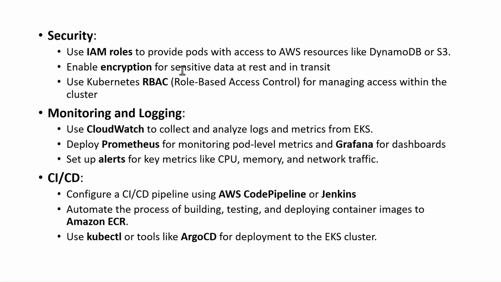And since we'll be using the CLI to create the EKS, we require this as well, the package manager, to import the chart of my application. Okay, and also create the IAM role with the proper permissions. Once you are done with all these things, you can go and deploy the application. We'll go and try to see that.